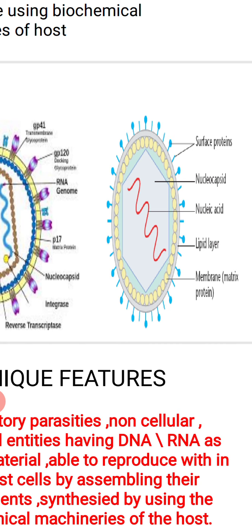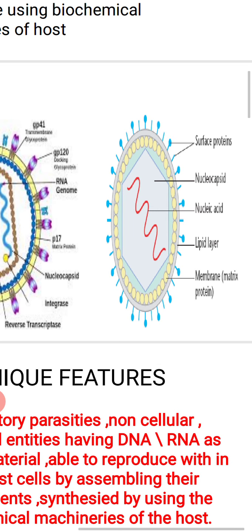Enveloped viruses also contain a layer of protein between the capsid and envelope called the matrix, which holds the nucleocapsid to the envelope. A completely assembled and inert infectious virus particle outside its host cell is known as a virion. Okay, this is the basics about the structure of the virus.